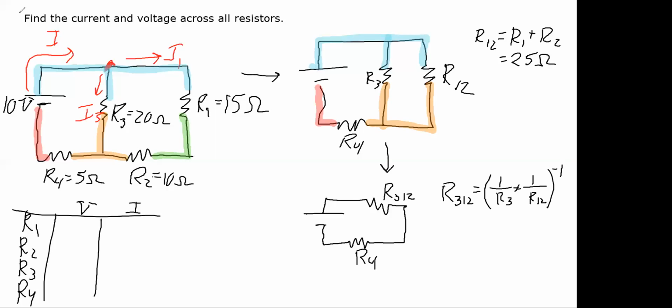So we have those numbers, right? R3 is 20, R12 is 25. I didn't bring my calculator out, so let's plug that into a calculator. 1 over R3, which is 20, plus 1 over R12, which is 25. And don't forget, it's very easy to just get your number and forget to take the inverse at the end.